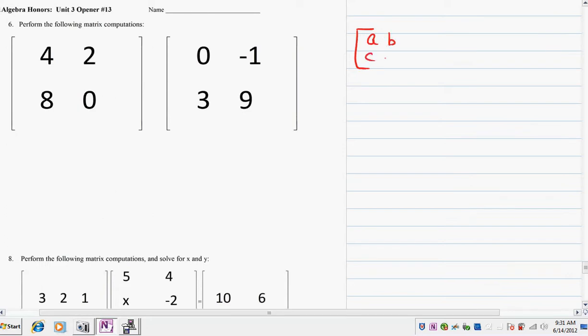So suppose I had A, B, C, D times E, F, G, H, like that. When you're multiplying, you multiply row by column.